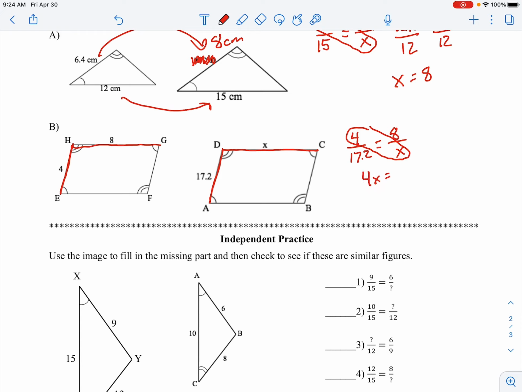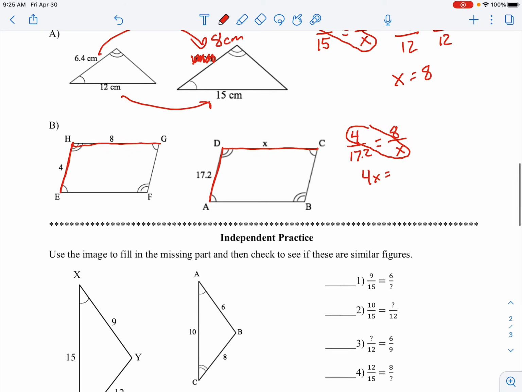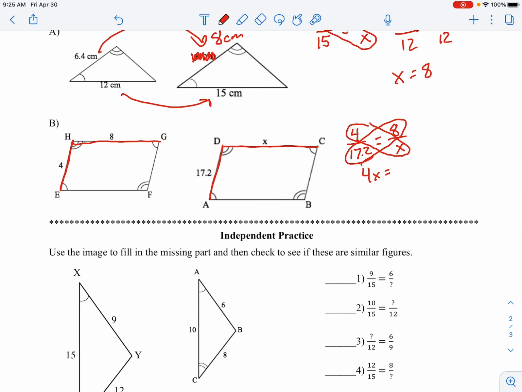But once you have that set up, 4 times x is going to be equal to 17.2 times 8. And we get 137.6. Divide by 4, divide by 4, and x is equal to 34.4.